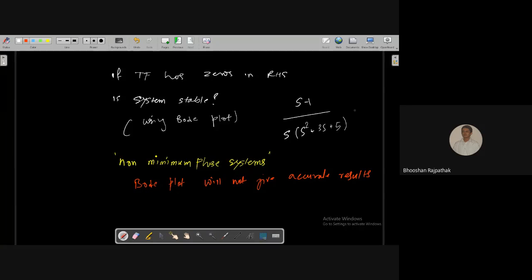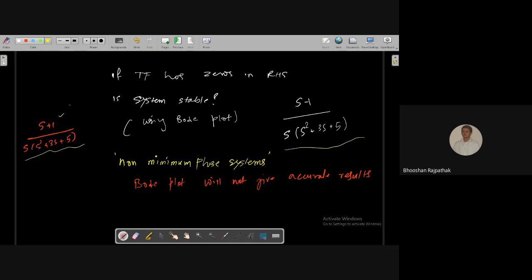So for this system and the system with (s plus 1) and the same denominator, s upon (s square plus 3s plus 5), I will encourage all of you to try these two examples in MATLAB or manually also, and convince yourself that for these two systems the denominator is exactly same, no change in the denominator here and here, but here the zero is in RHS, here the zero is in LHS.